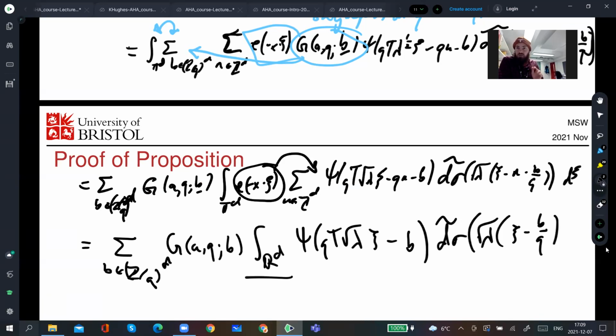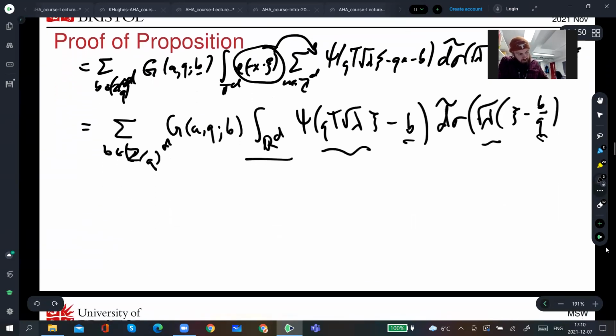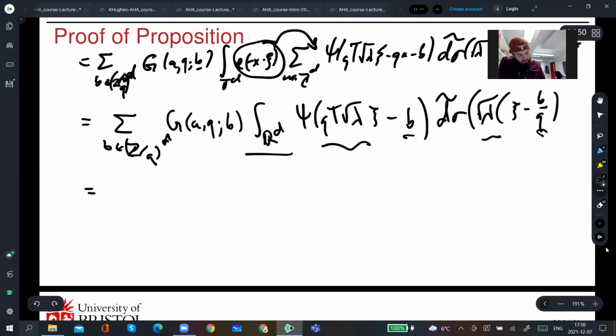And now I can play the usual tricks with localized functions. I have these dilations coming into play here and here, and I have a shift by b happening here as well that I get to do. Okay, let's use those and rewrite this a little bit further as it's the same sum. It's going to be an integral over R^d.